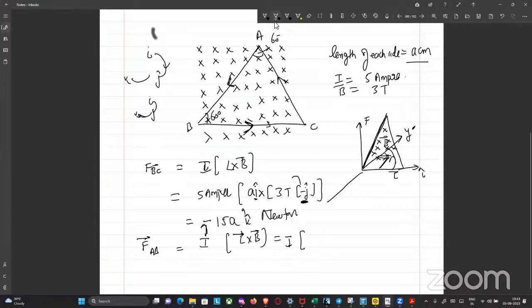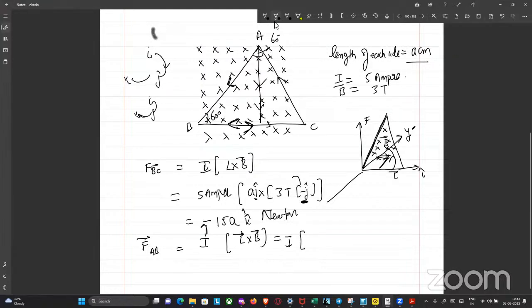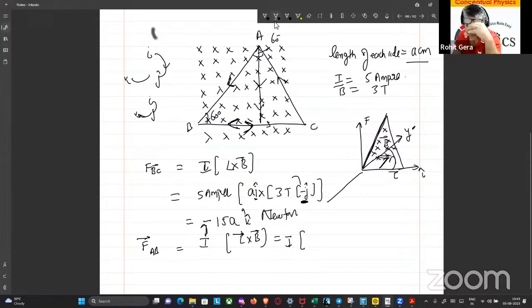So we can split this into two parts vectorially. One is this part, the other is this. Correct. Length, right? So one part is downward. If this is A and this is A by 2, how much is this?